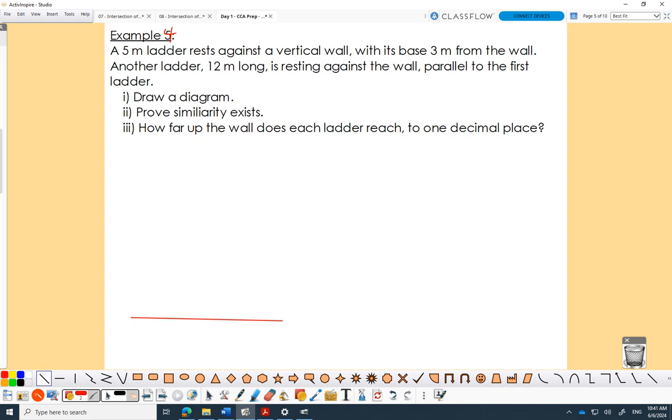I'm like, just start drawing something. Then a wall. It mentions vertical wall, but come on. If they say wall, we'll assume vertical, unless they say otherwise. Most walls are vertical, yes? Vertical means at 90.